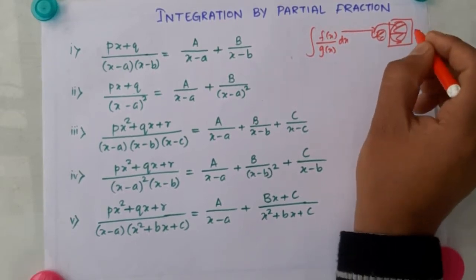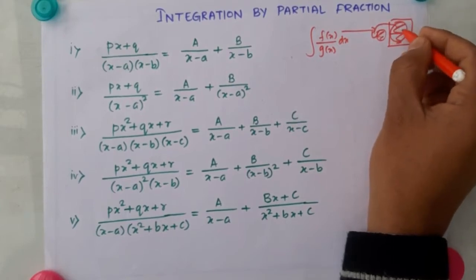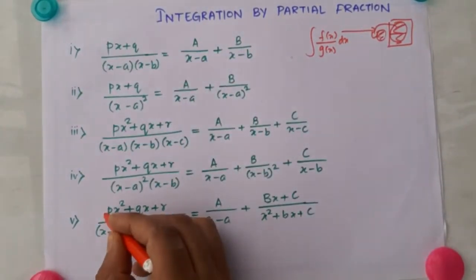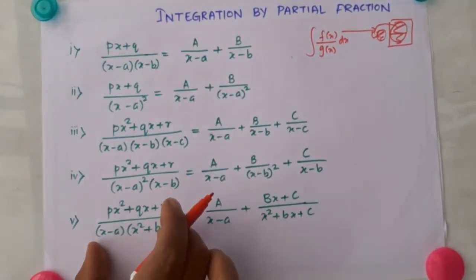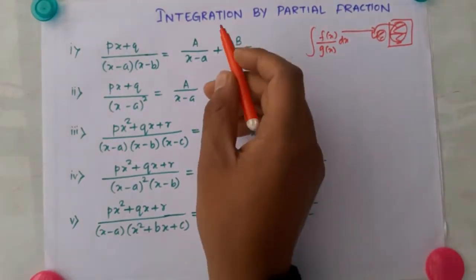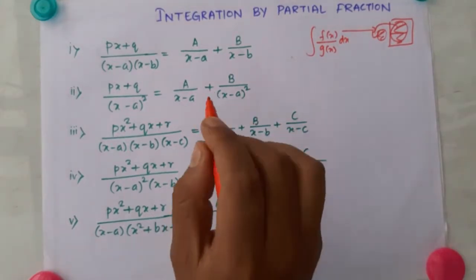So when it happens, this part falls under these categories, and when it falls under any of these categories, it can be represented in this way. Now you might be wondering what A, B, C and all are. You have to find them.